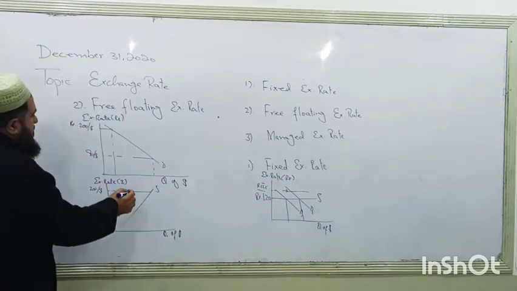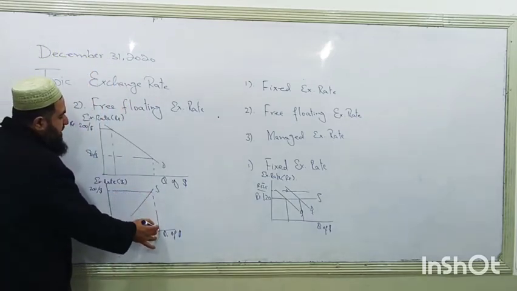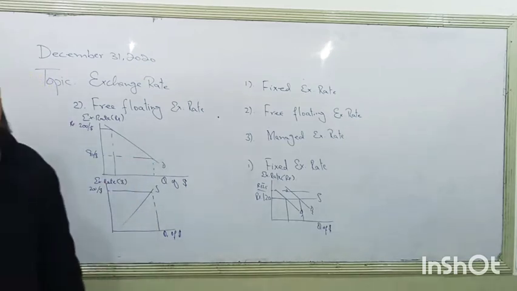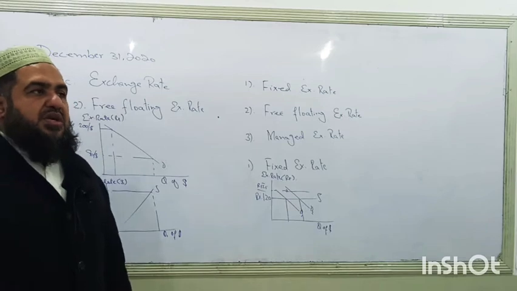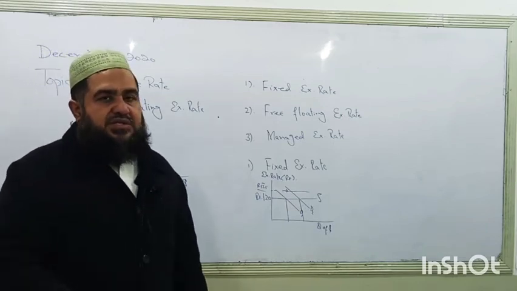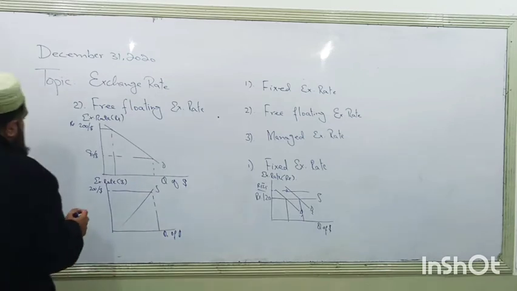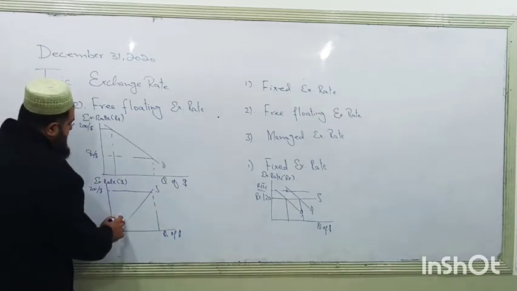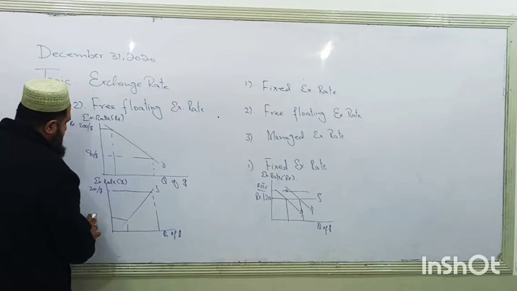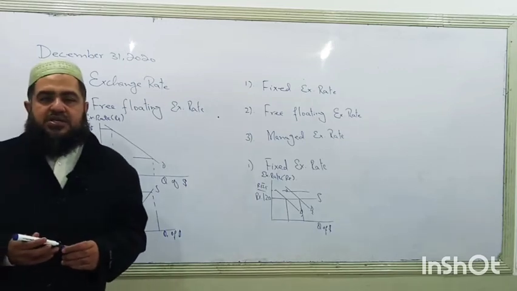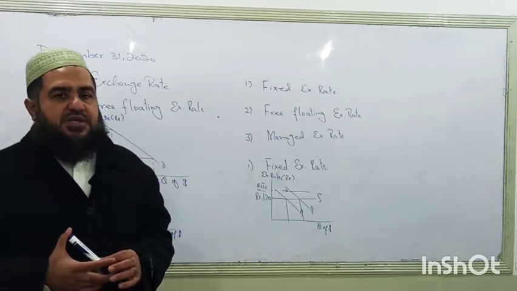We have more supply of dollars because our country is able to export more. Exporters are very happy that their returns in terms of local currency are increasing due to exchange rate depreciation. And if it is 90 rupees for each dollar, below 100, exporters will be discouraged, they are not going to export anything, and then the supply of dollars in our country will be less and less.